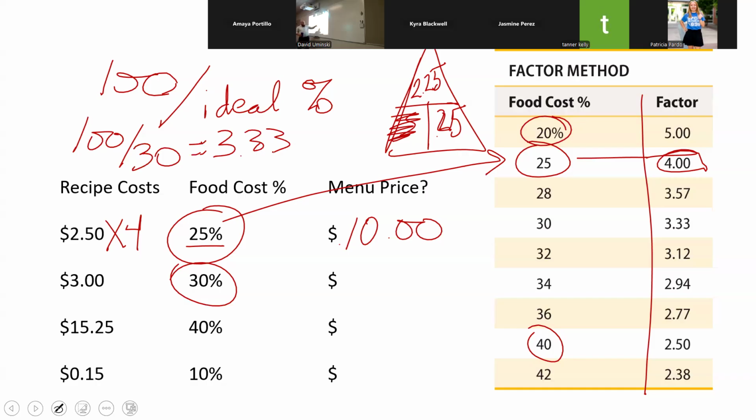Now we know that 30% is 3.33 because it's on the chart, but we don't always have a chart. So what is 3 times 3.33 repeating? 10. It's essentially $9.99.